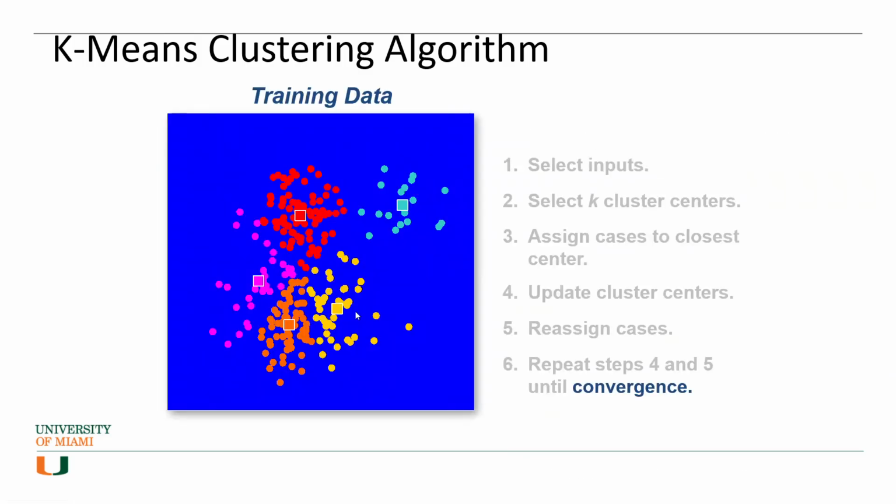And we can no longer reassign any observations from another cluster to the new clusters. And that indicates the convergence. And in this particular example, here is the final status of the clustering algorithm, meaning that the algorithm has converged, right? With 5 clusters of observations for us.